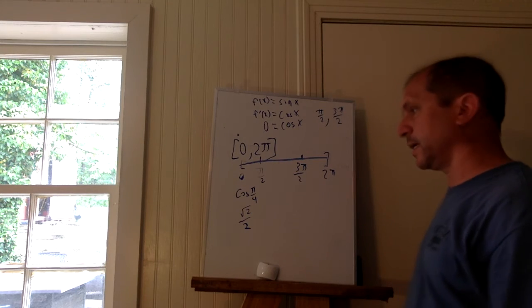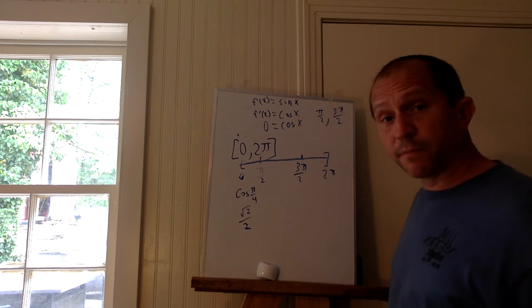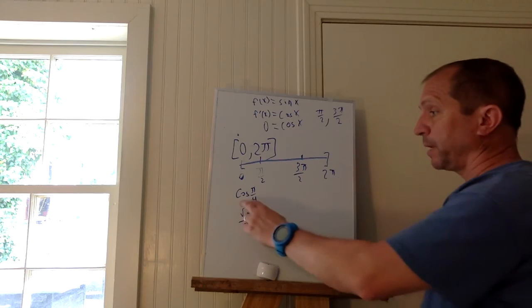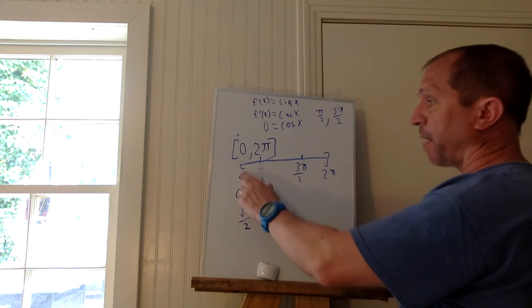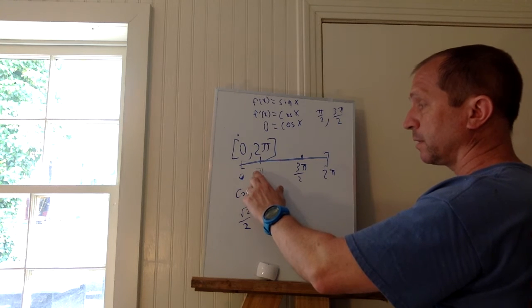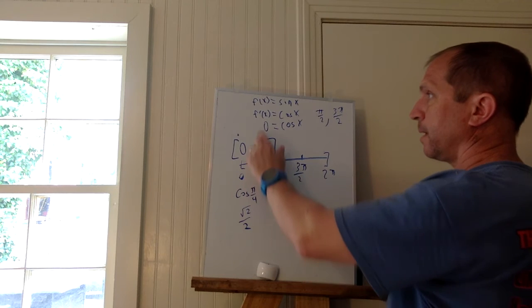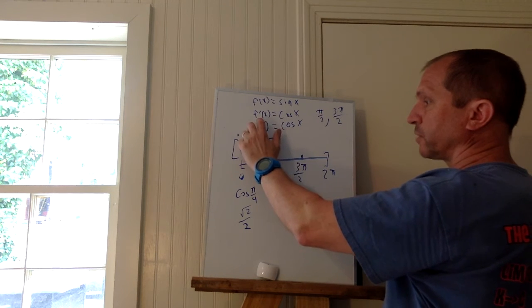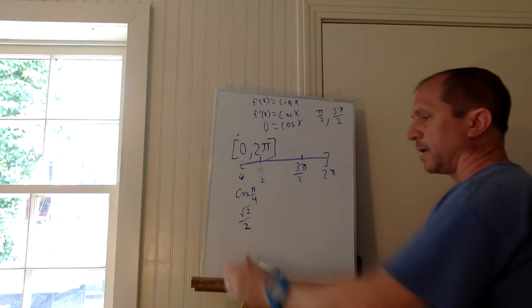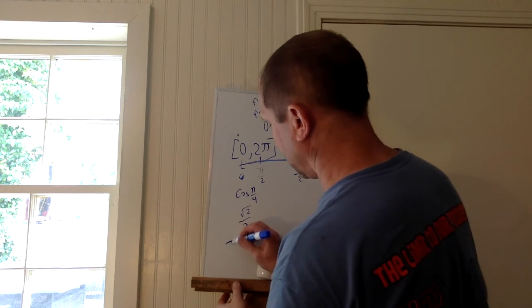But the main thing is, it's positive. So because cosine is positive from here to here, and it's referring to the first derivative, this is telling me, hey, I'm increasing here.